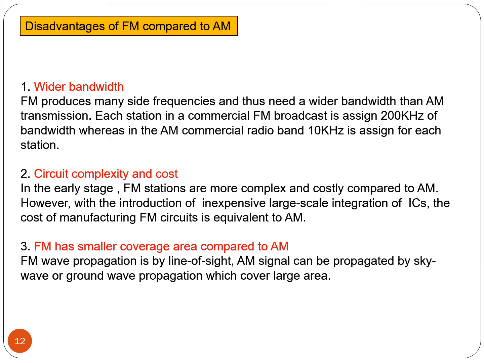However, with the introduction of inexpensive large-scale integration of ICs, the cost of manufacturing of FM circuit is comparable to AM. The third one is FM has smaller coverage area as compared to AM. This is because the propagation of FM signal is limited by the line of sight.